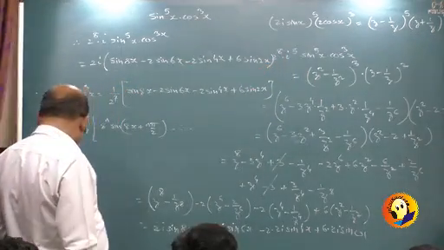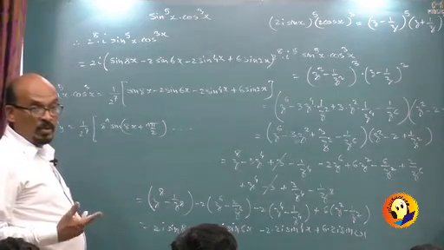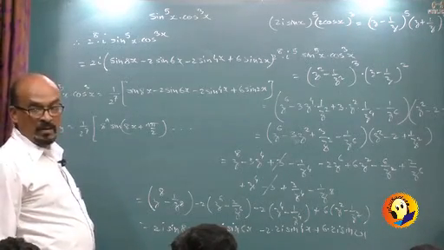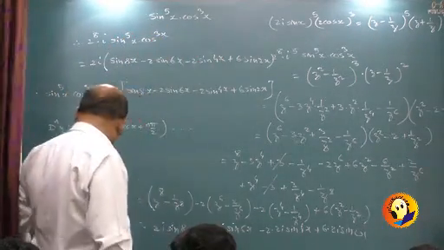If they go for something like sin raised to 11 cos raised to 7, what will you do? You can't expand it like that. So we will skip all the in-between steps.